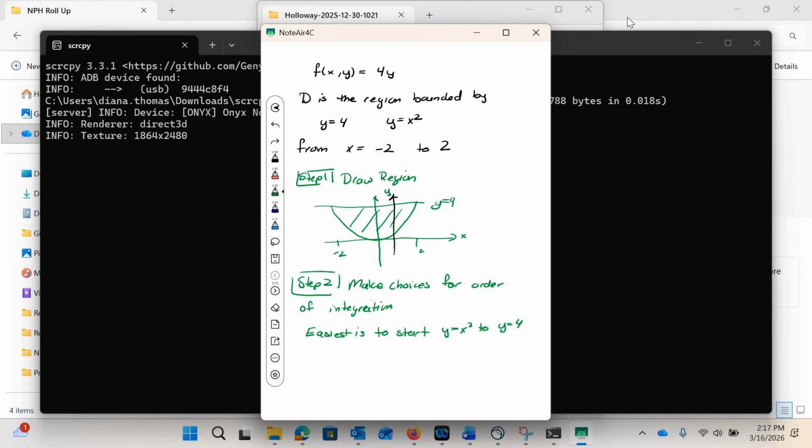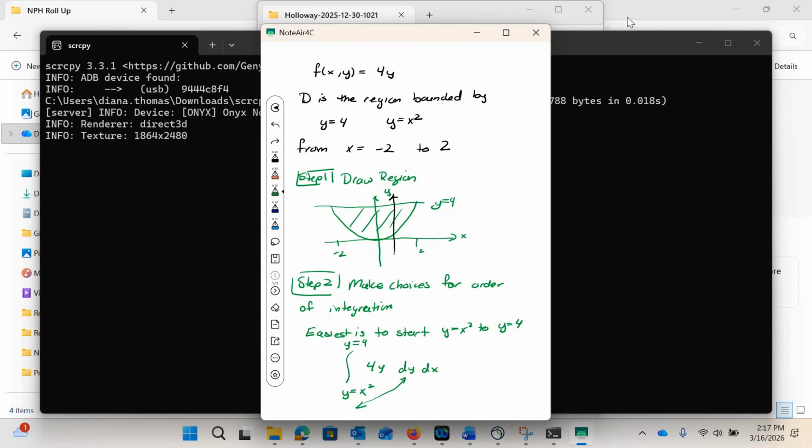So if I make this decision that it has to go through x squared to y equals 4, that means I'm plugging in for y, because of the fundamental theorem of calculus, the y comes first. So this dy has to match. These two have to match, and dx is next. Order matters.